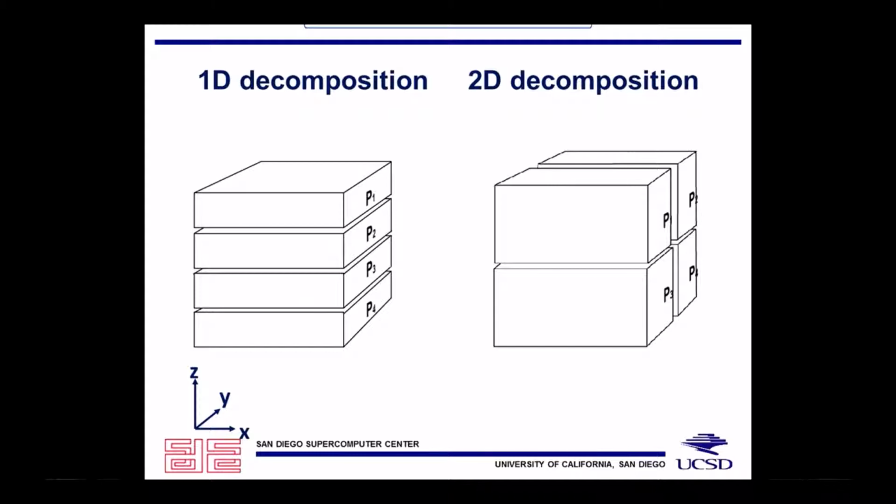Another way is to do a 2-dimensional decomposition where you divide the volume into pencils or columns, and then each column lives on a different processor. I'm just defining the terms here, so let's go to the next slide.